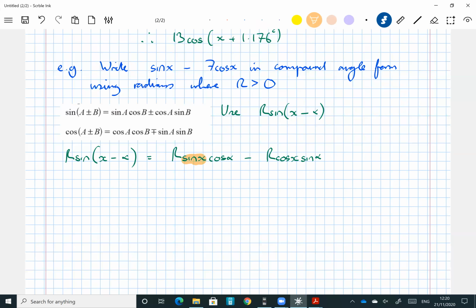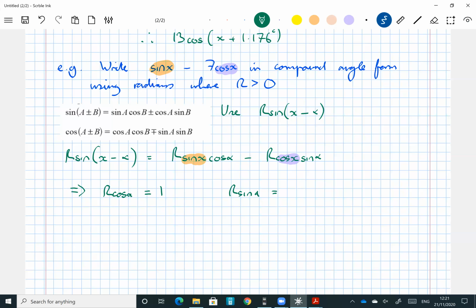So you've got sine x there and sine x there, cos x there and cos x there. So that means that the coefficient of sine x, which is r cos alpha, is also equal to 1. The coefficient of cos x, which is r sine alpha, technically minus, but because our question's got a minus in as well, we can just ignore the fact that it's minus.